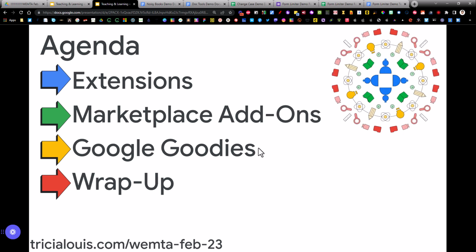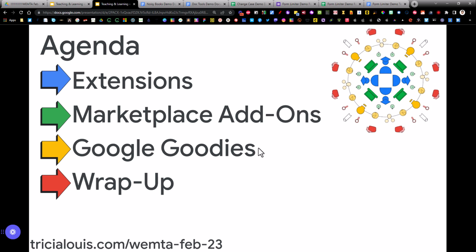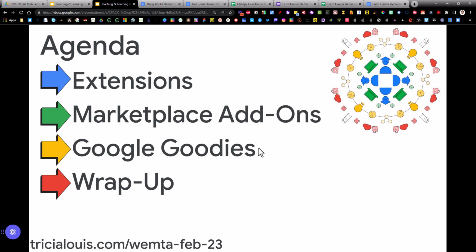Those are the specific quote-unquote extensions, but they're called marketplace add-ons, yet it says extensions in the drop-down. Kind of weird, but I have a few that I really like and I want to share with you. I have some Google goodies that I'm going to share with you. Maybe if we have a little extra time, I have some other things in there, and then we will wrap it up. So let's go ahead and get started.